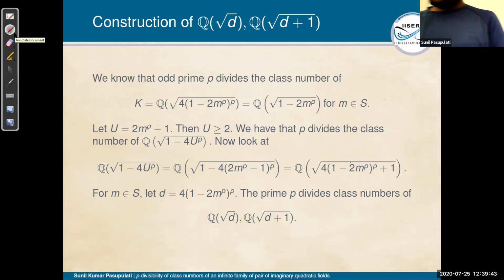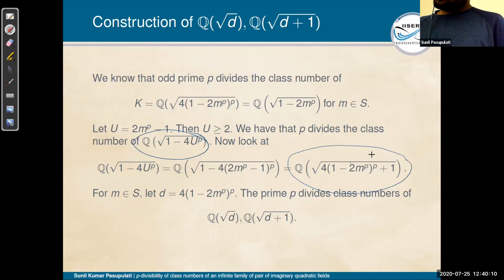Now let's take u equal to (2m)^p minus 1, and apply the Stephen-Lobotian result that I stated at the start. It gives that p divides the class number of Q(√(1-4u^p)). Looking at what this field is, it comes out to be something like this. Choosing d equal to 4 times (1-(2m)^p) to the power p, we have that the prime p divides the class numbers of Q(√t) and Q(√(t+1)).